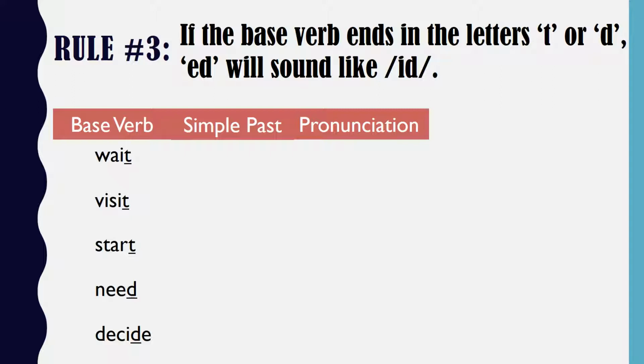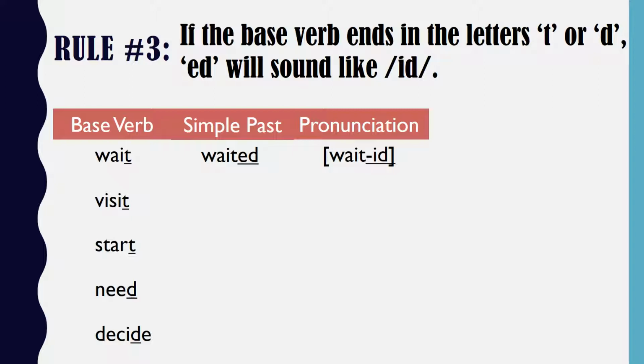Decide finishes in a silent E, so we still count it as finishing in a D. Let's look at wait. Wait only has one syllable, but when we make it past tense, it becomes 2 syllables. Waited, waited, waited.